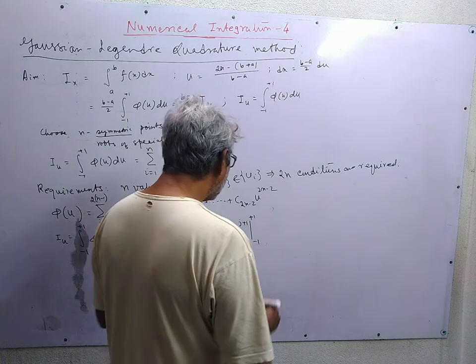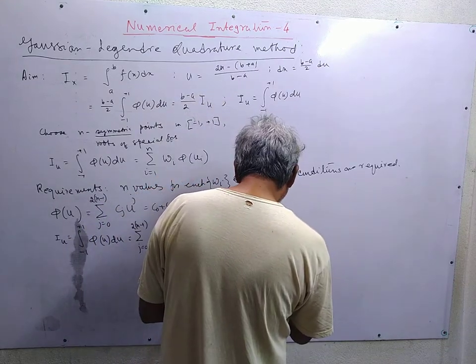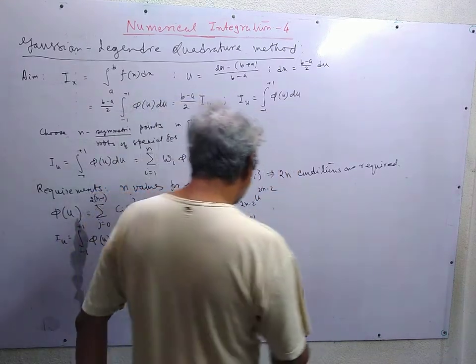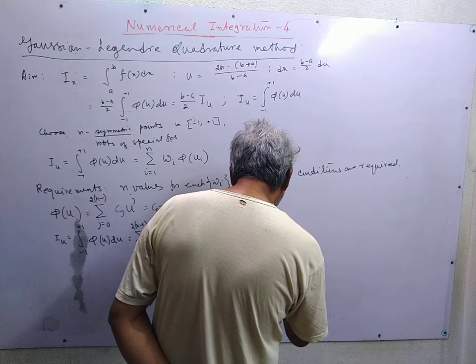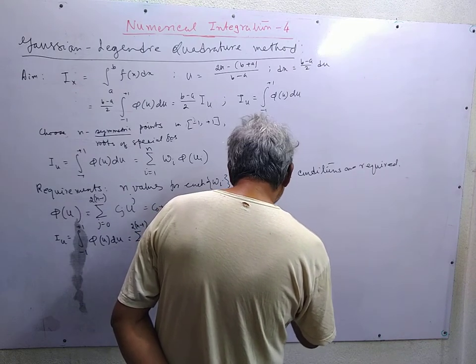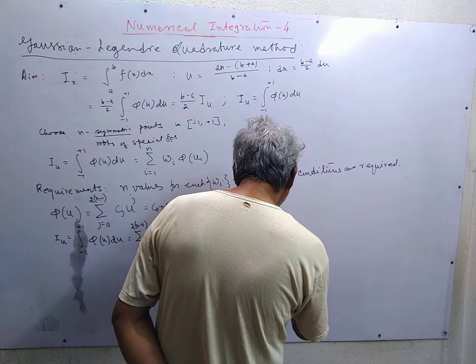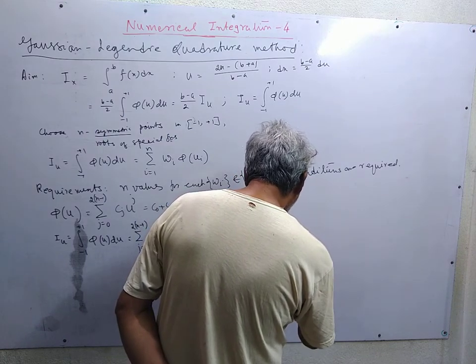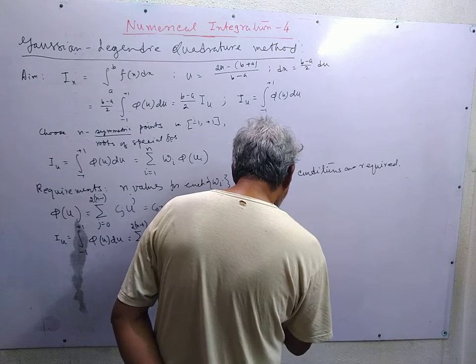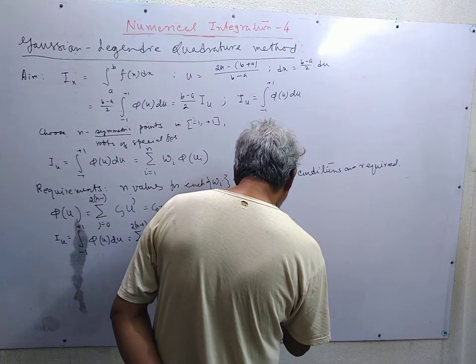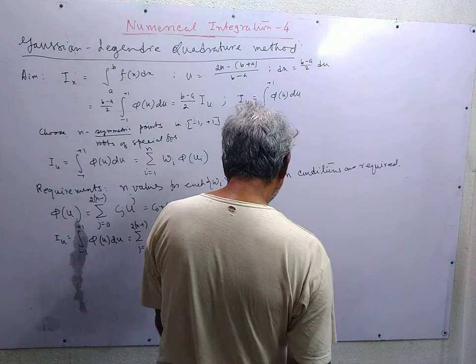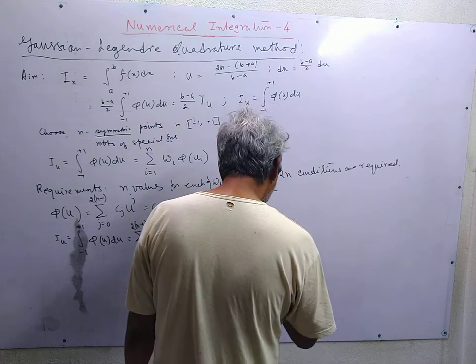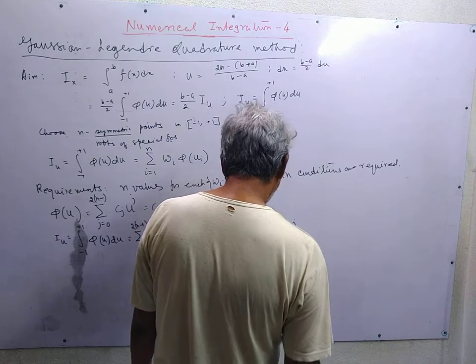So only for even values of j we have the sum, and we write it as this factor 2 c of 2j by 2j plus 1, j equal to 0 to n minus 1.